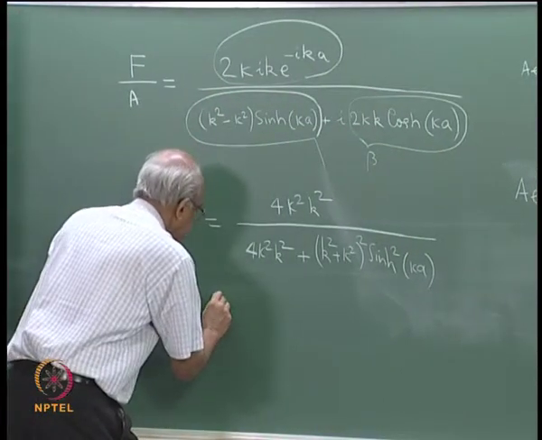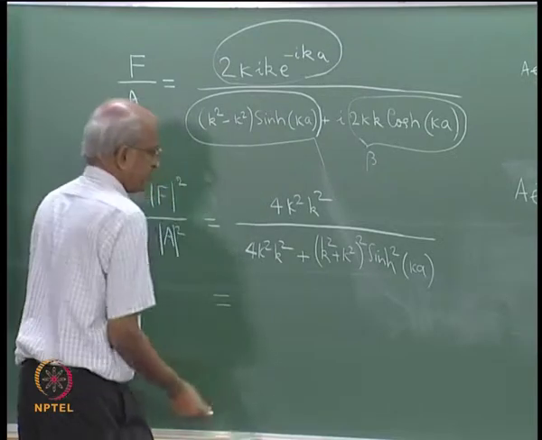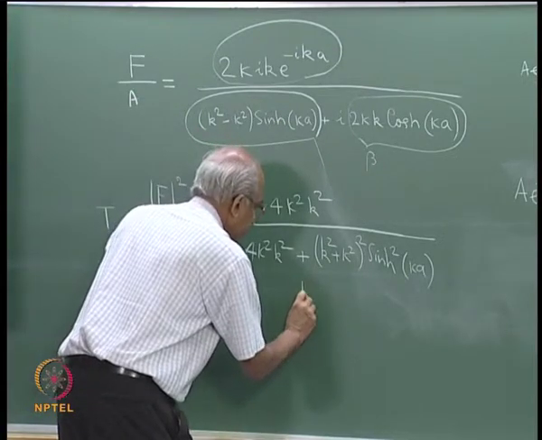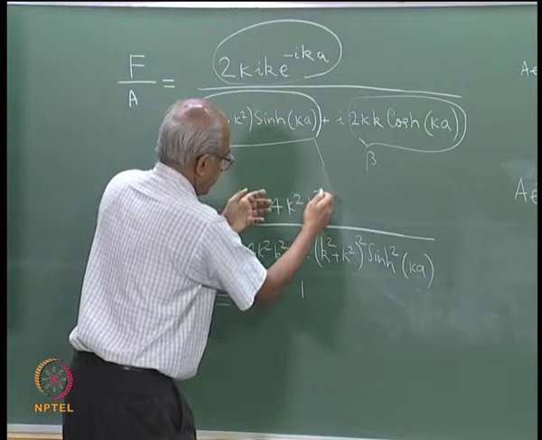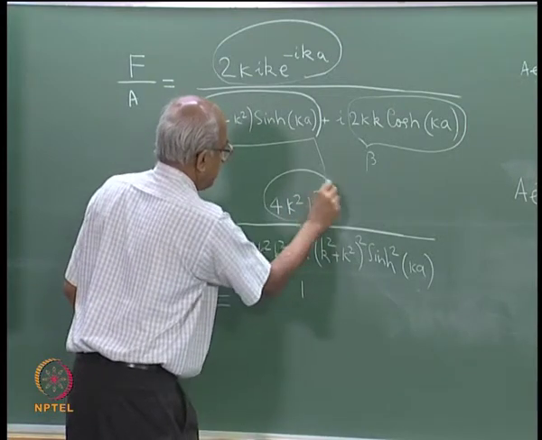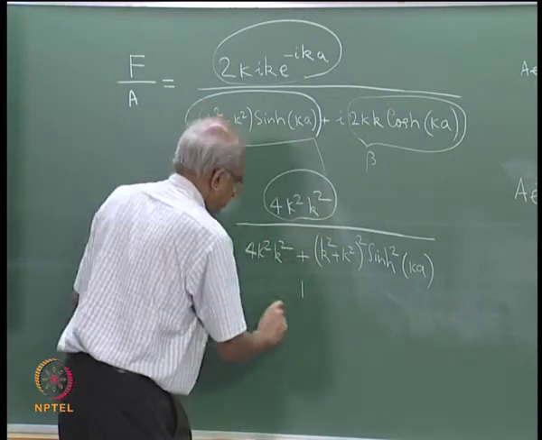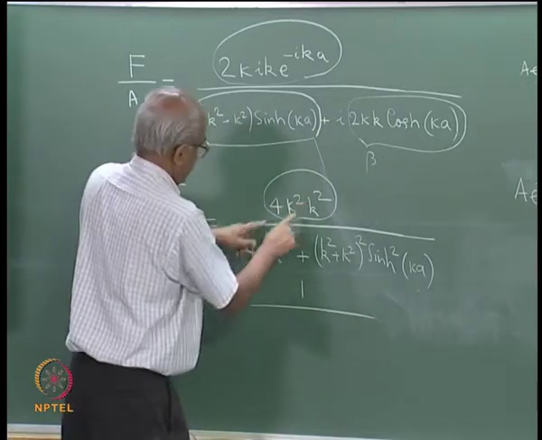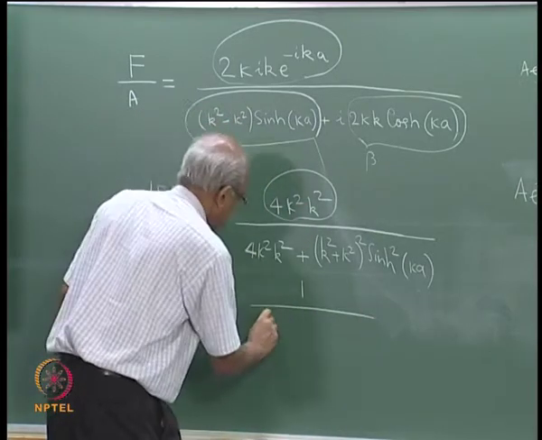And we can write it in an even simpler form by saying that, okay, I will divide numerator and denominator by this term. So, therefore, you will have a 1, and if you divide the denominator by that term, you will have a 1 here also.